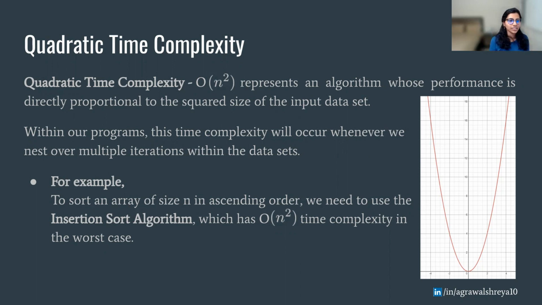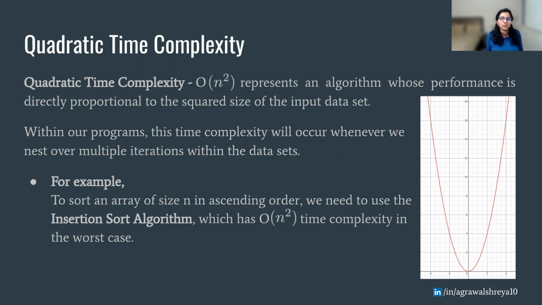I think we have already covered that, and I have written the example in the bullet point: to sort an array of size n in ascending order, we can use the insertion sort algorithm, which is O of n square time complexity in the worst case. That is the worst case, when we assume that we need to perform all the computations required to get the output.